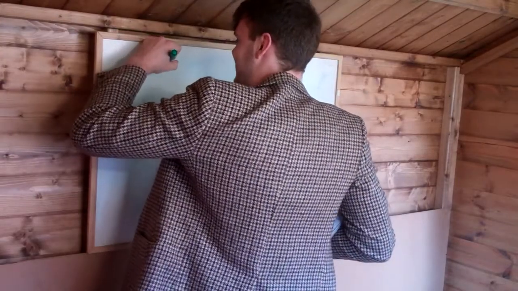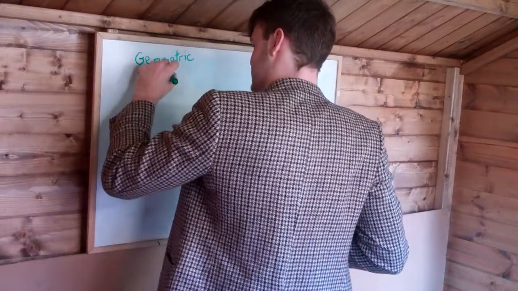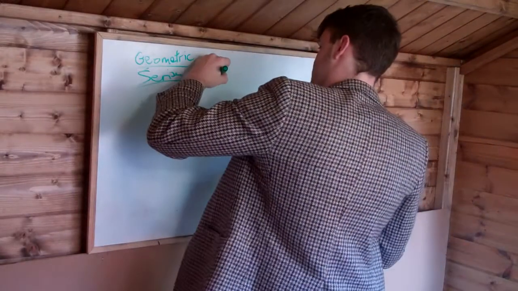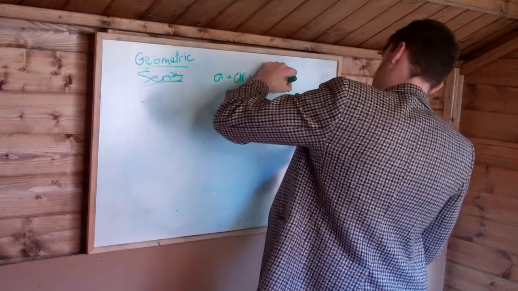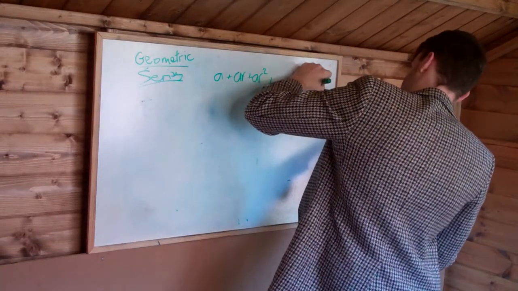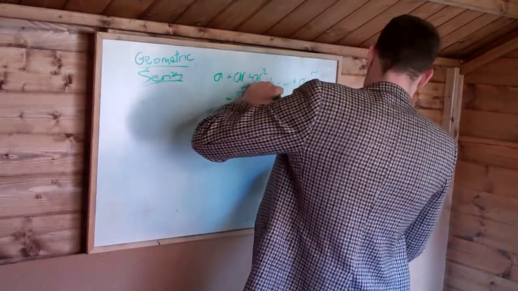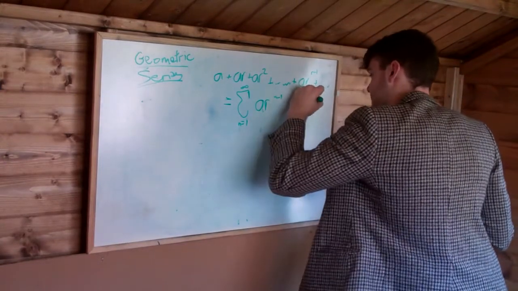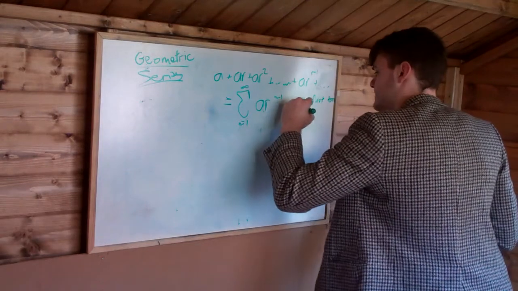Now this brings us neatly on to geometric series. This is a series that comes in the following form: a plus ar plus ar squared, up to plus ar to the n minus 1. In this form, a is the first term and r is the common ratio.